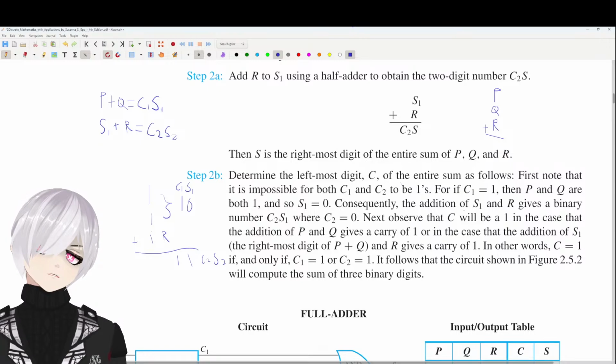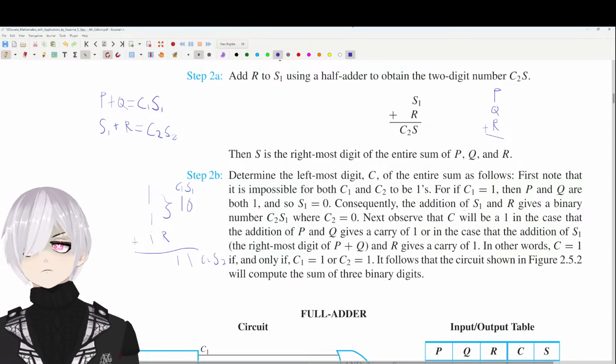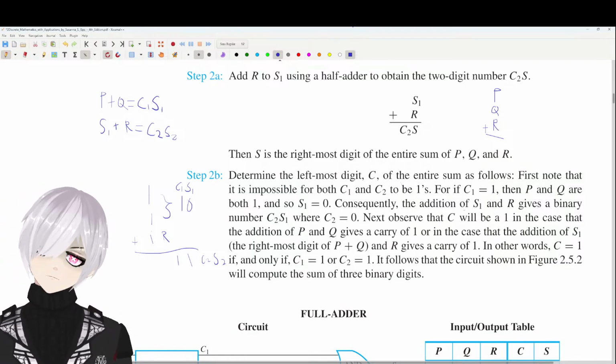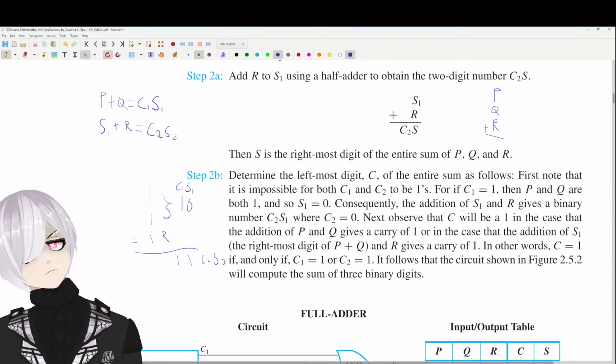C1 comes up in the sum of P and Q. P plus Q equals C1 S1. If we have a 1 at C1, then the P and the Q have to both be 1, because 1 plus 1 is 1 0. But if we had 1 plus 0, 0 plus 1, or 0 plus 0, we would have 0 1 or 0 0, so the C1 would be 0.